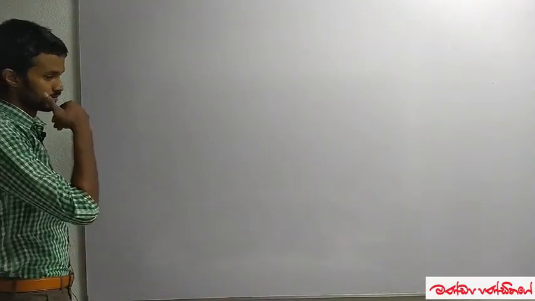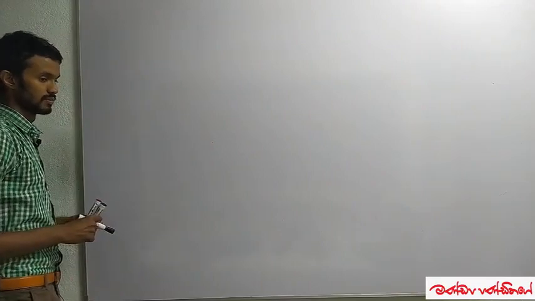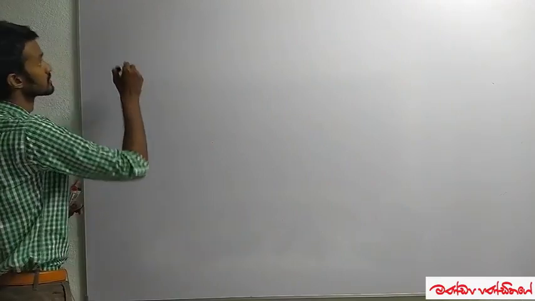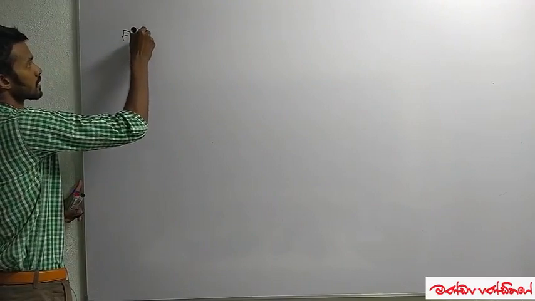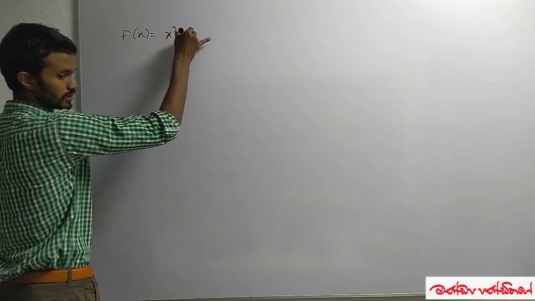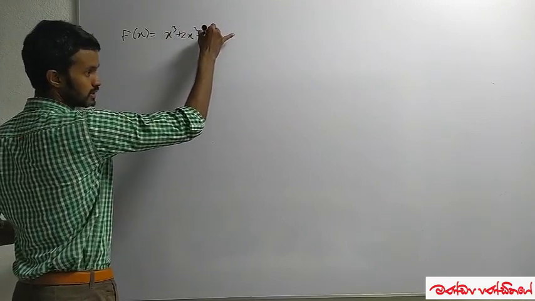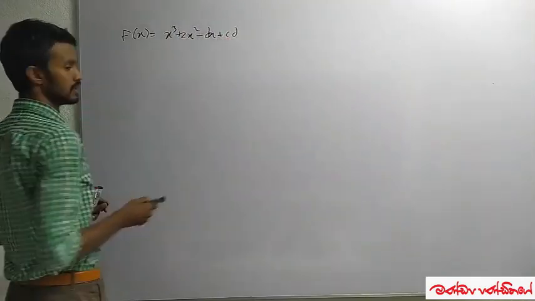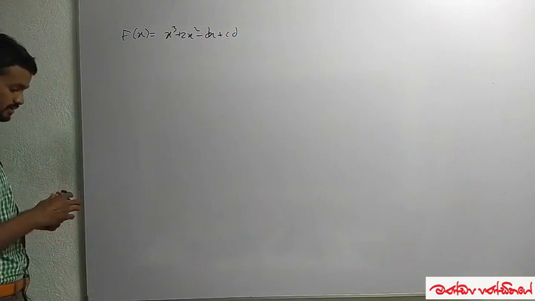And they have given us, let c and d be two non-zero real numbers, and f(x) is equal to x cubed plus 2x squared minus dx plus cd, and they have given the data.